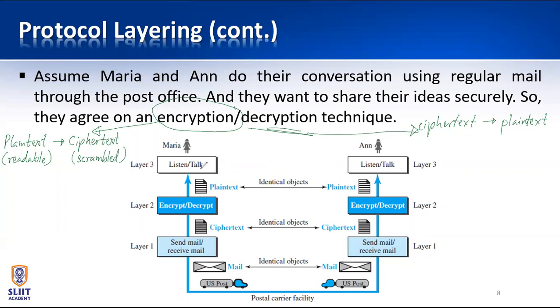So the first layer is that they either listen or record the message, right? This one is talking, that means the recording of the message. Converting it into an encrypted format or ciphertext format is another layer. Then the ciphertext message is packed into an envelope, the recipient's address information is written, and it is sent by postmail, right?